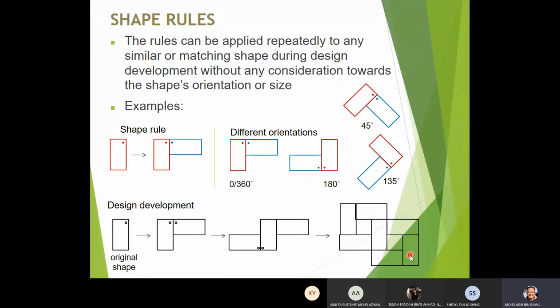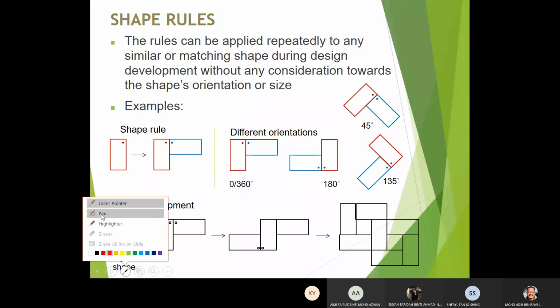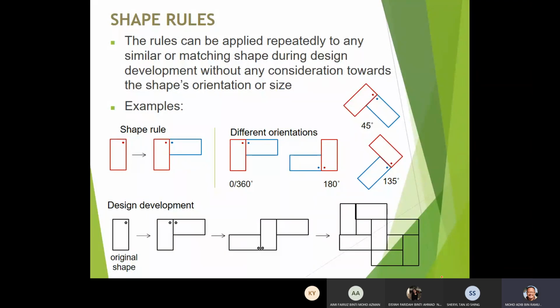So let me show you how it happened. Eventually it will become like this. So basically what happened during the process, let me show here. Just imagine that this is the label. You put the label here, and you apply the rule.